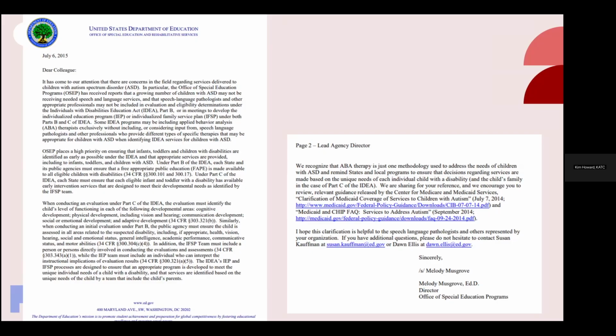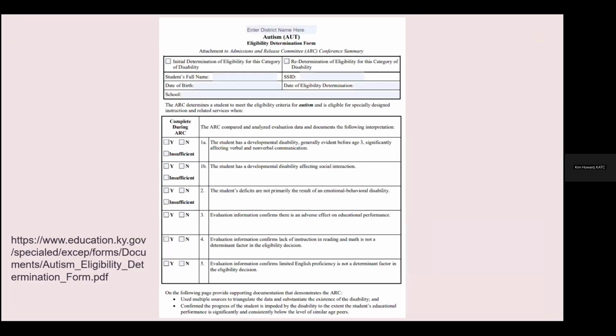And I'm not a speech language therapist, so I won't go into detail there because I don't 100% know exactly all of those pieces, but I know that it's really critical to include them because they're looking for something called pragmatic language skills. And we'll talk about that a little more in depth. But just worth noting, and you can find that letter inside of the autism guidance document. It's specifically in there as a hyperlink. You can go and read that for yourself, but it's important to know that if you're considering that eligibility, then you need to include them.